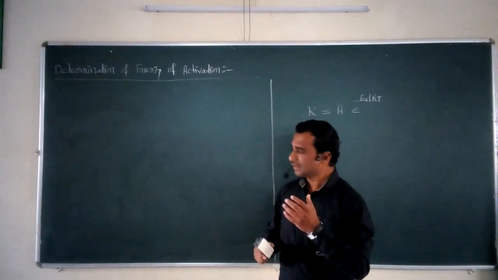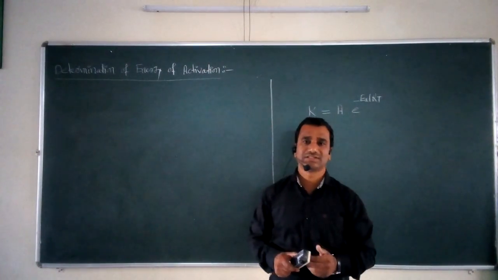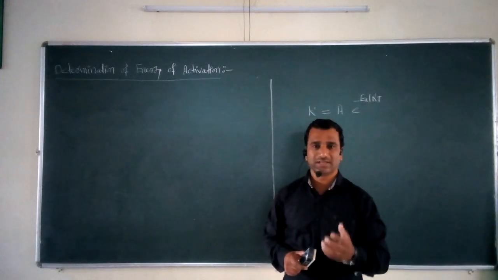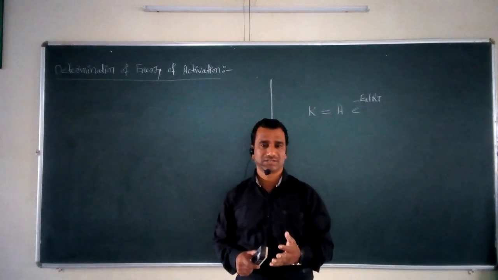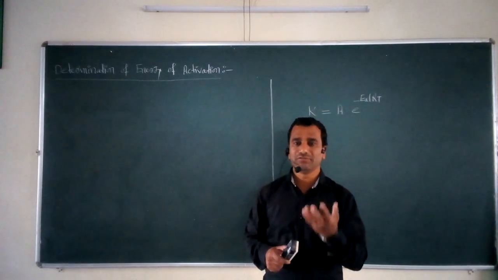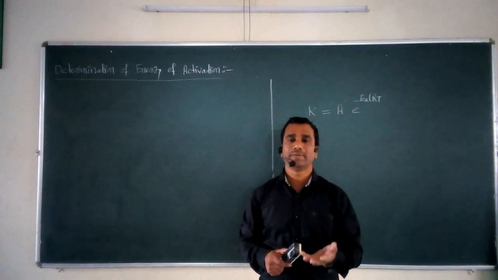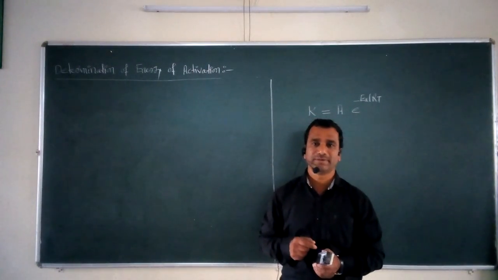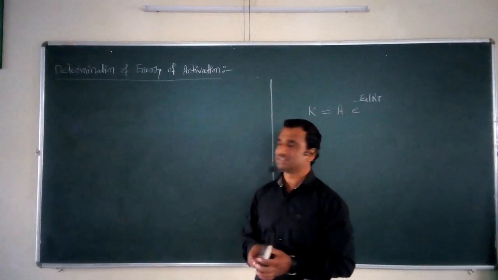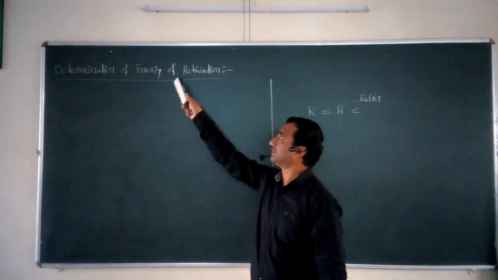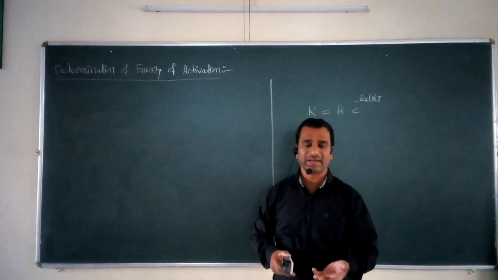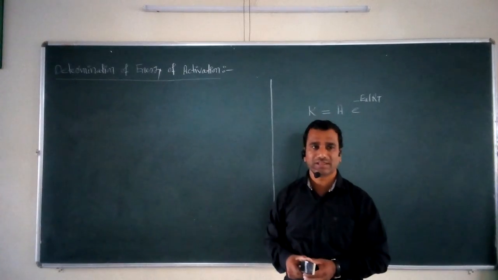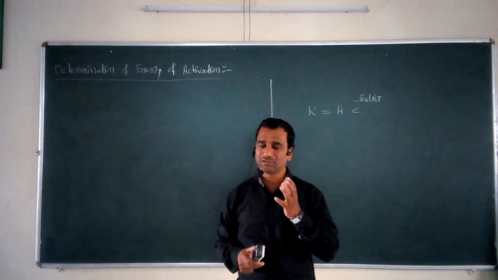In today's video lecture we are interested in studying the different methods by which we can calculate the energy of activation of a particular chemical reaction. How do we calculate it? Our point of discussion today is the determination of energy of activation of a particular chemical reaction.